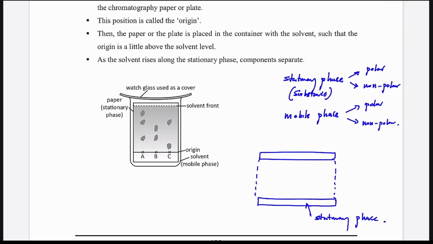Stationary means stop, like a railway station. So they never move. Then you can have the moving phase, which is called the mobile phase. This phase keeps moving, like water going through a circular conduit.